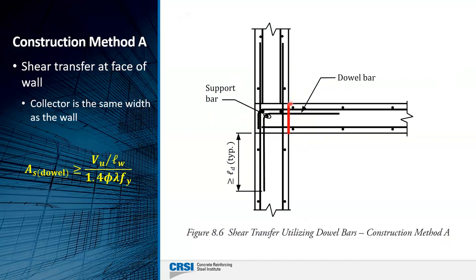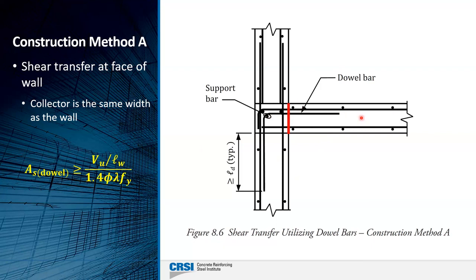So you could start at this location, where in this particular case, we're going to assume the collector is the same width as the wall, and that'll become evident once we get into the next couple slides. So at that location, we don't have a cold joint because the slab is cast all at once. We know what the shear force is, and we use the appropriate mu to find out how much dowel reinforcement.